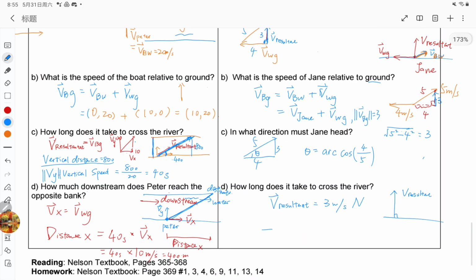So the time should be, using our distance, this is 3 meters per second and the vertical distance is 200 meters. This should be obvious to us, right? So 200 meters over 3 meters per second, right?